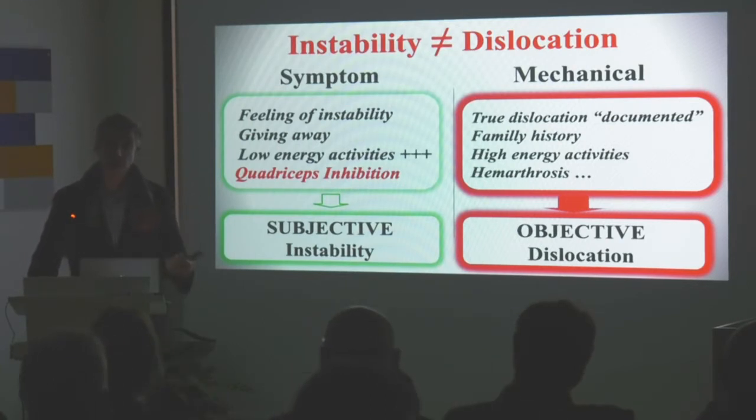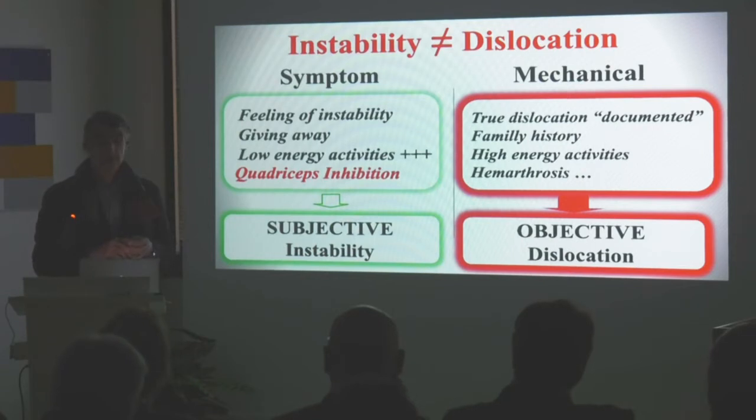And the first time you have a true dislocation, you always have MPFL rupture. And if you have an MPFL rupture, you have a hemarthrosis. So the first time you have that, always the knee is really big. And ask your patient about that. Ask the parents if it's an adolescent.